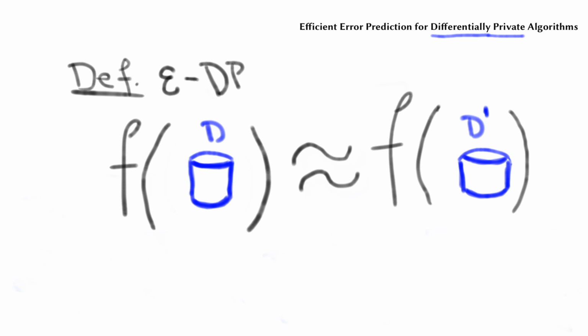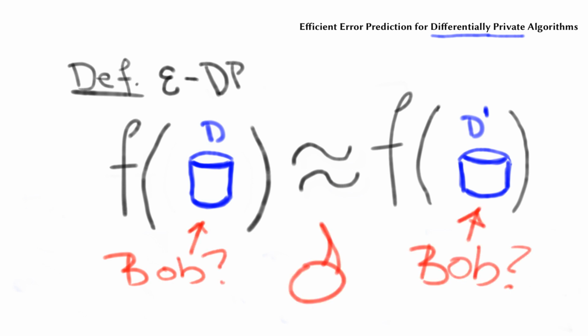This way, we will be able to hide whether Bob was in the database or not, since the outputs are almost the same for the database D with Bob and the database D prime without Bob. Essentially, we can hide the absence or presence of Bob or any other person for that matter.